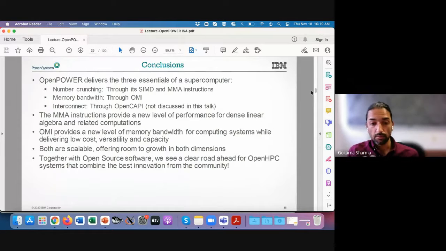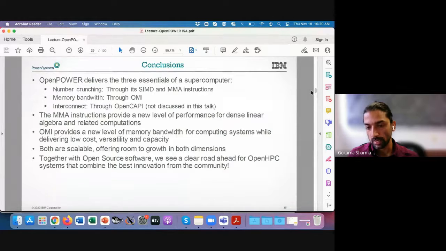It's nothing like new registers being assigned to it. Everything is existing registers, you exploit them in a certain way, and then you do the computation based on those registers, and you have these functions. These functions will tell whether this combination of registers you use as an accumulator or use individually as vector scalar registers.